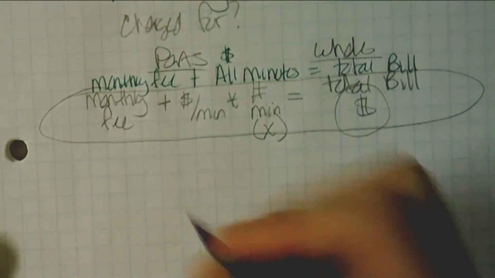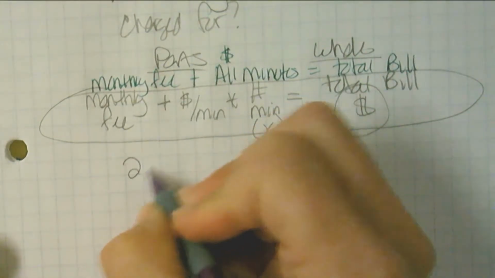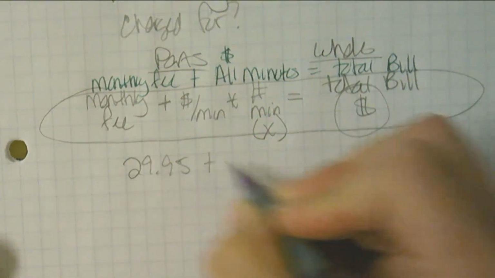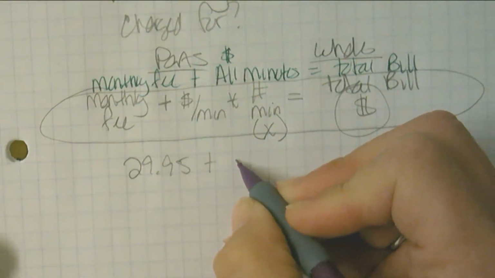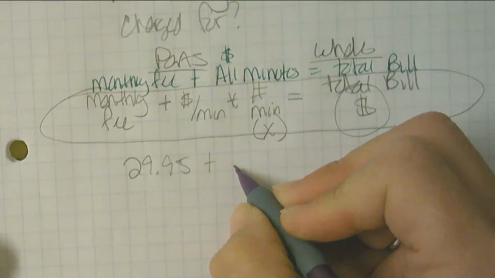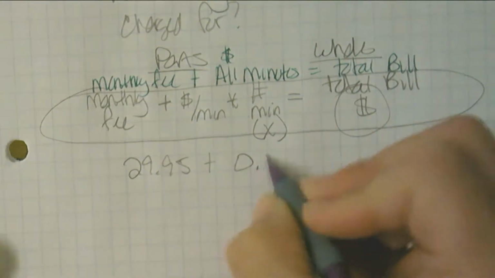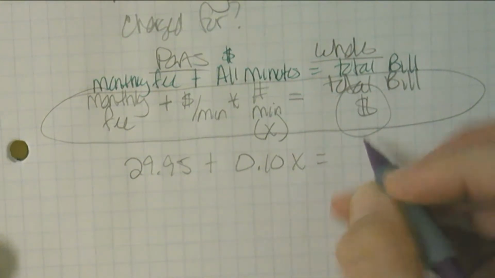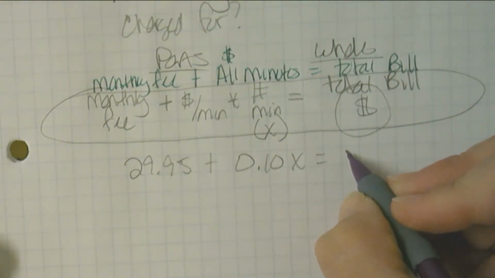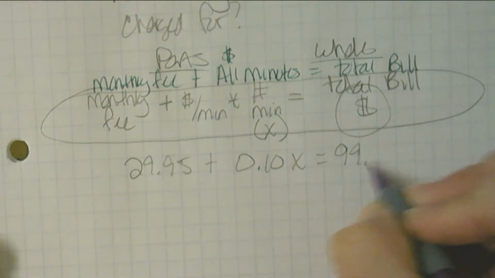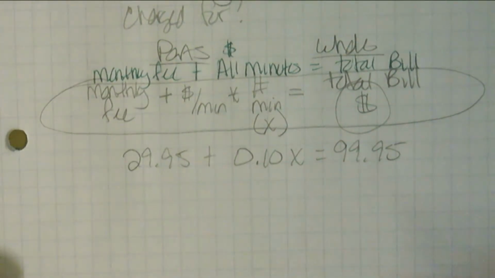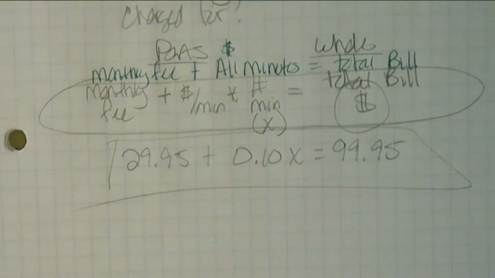Chris? What was the cost per minute? Yep, 0.10x is equal to, how much was the total bill? 99.95. Here is my equation.